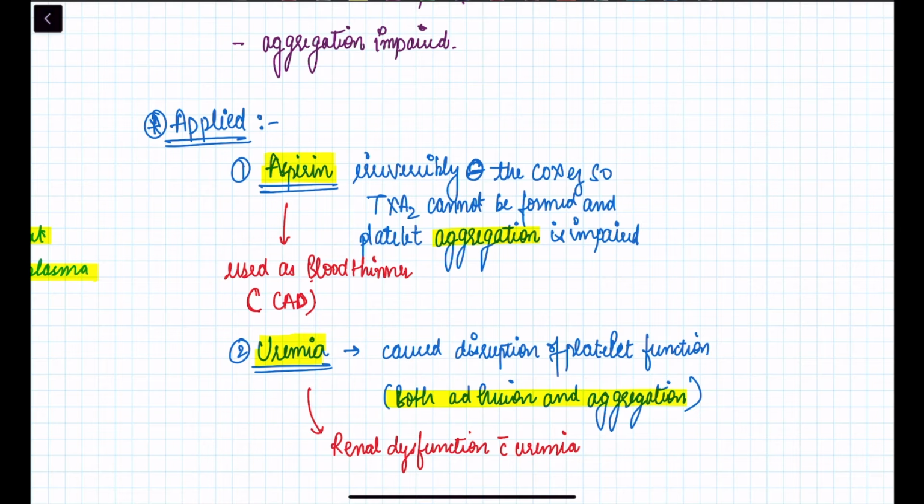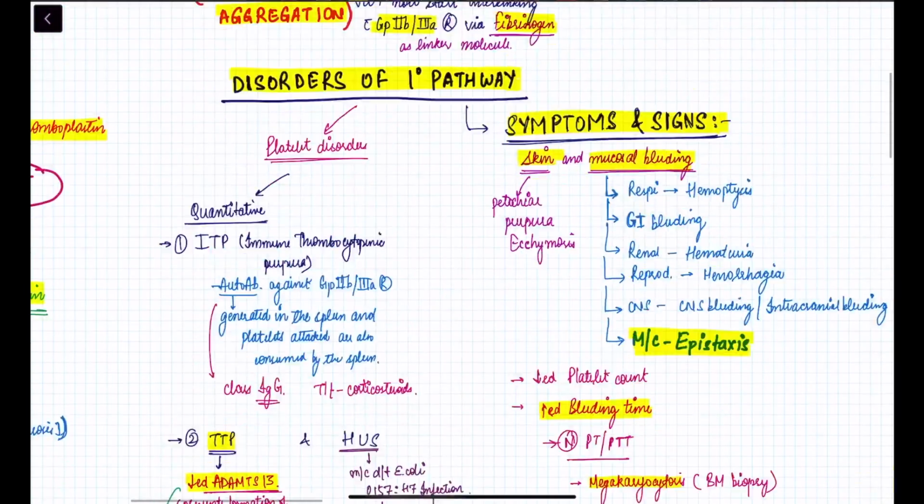For instance, in case of aspirin, we give small doses of aspirin which blocks the COX pathway. Sorry, and therefore thromboxane A2 cannot be synthesized by platelets, and it was also one of the steps that was required for expression of the GP2B3 receptor. Let's take a step back and let's see that.